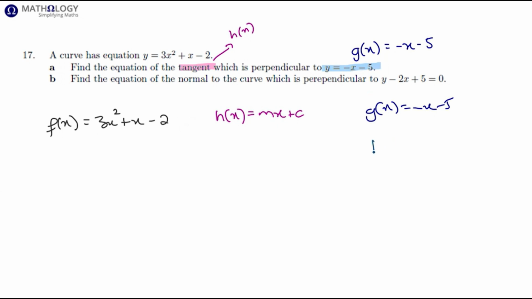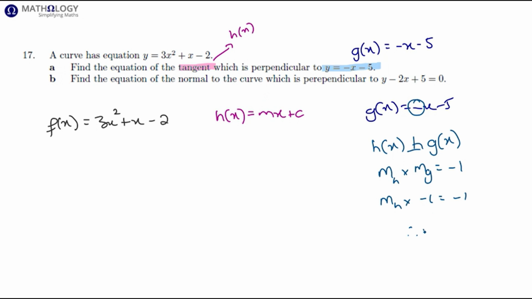In other words, h of x is perpendicular to g of x. That means that the gradient of h times the gradient of g is negative 1. That's the definition of perpendicular lines. The gradient of g is the coefficient of x in standard form, which is negative 1. That means that the gradient of h must be 1.